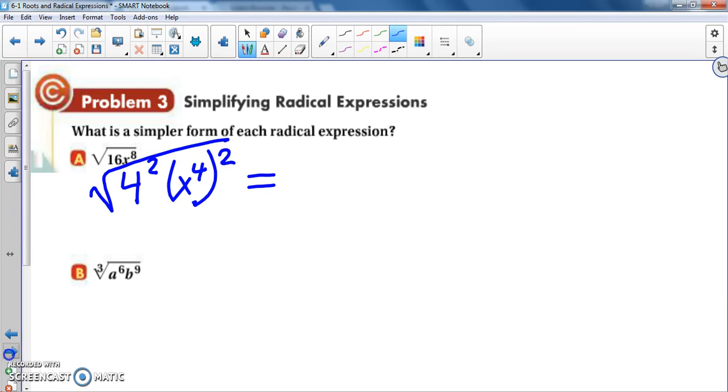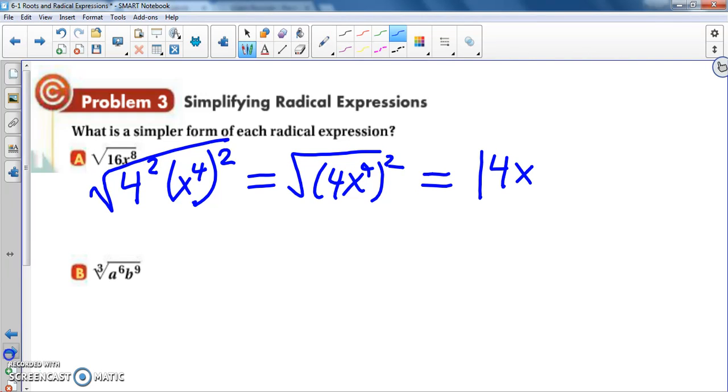So this is equal to the square root of 4x to the 4th, squared. Since this is an even power, this is equal to the absolute value of 4x to the 4th. And the absolute value of 4x to the 4th is 4x to the 4th.